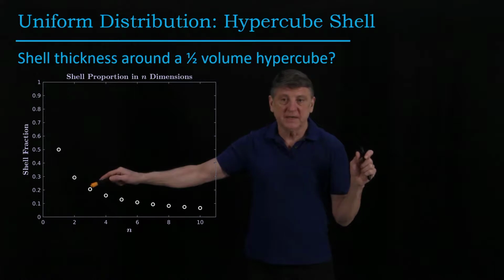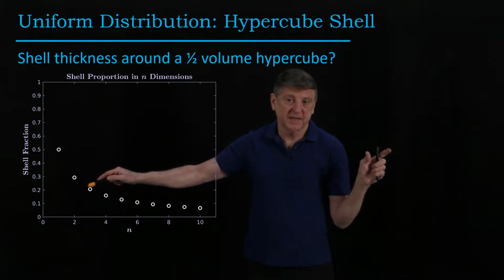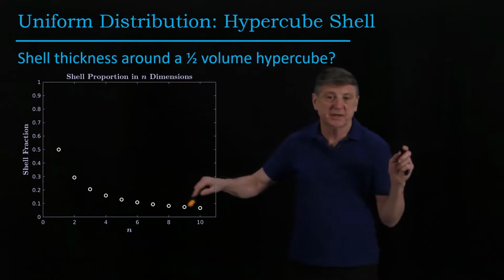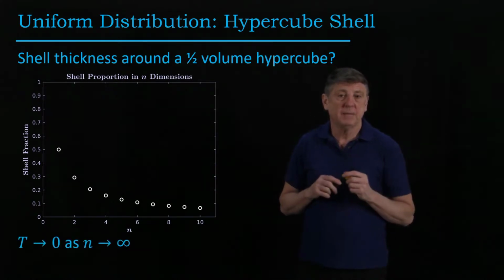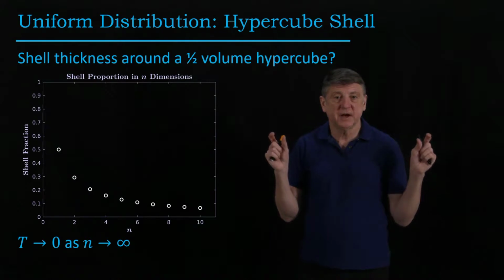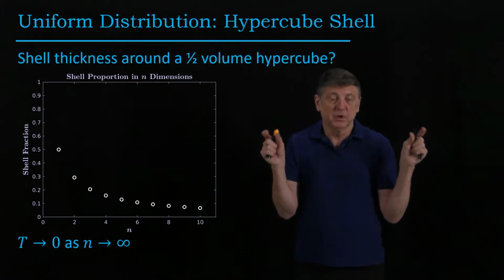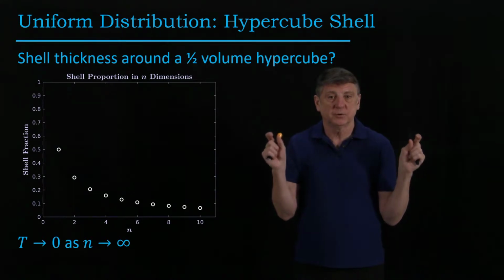Then in 3D, it's less than 20% of the edge length, and so on. We can see that this is an exponential decay, and the thickness of the shell around a hypercube goes to 0 as n goes to infinity.